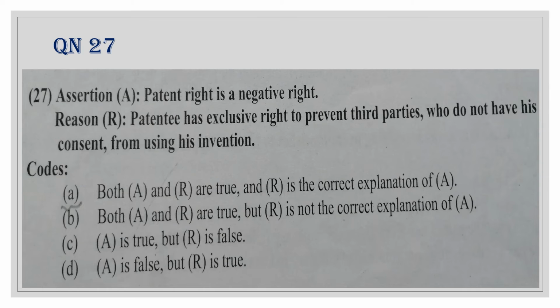And why patent right is called a negative right, the reason is also correct, because it prevents the third parties from using his invention without his consent. That's why the patent right is called a negative right. So we can say that both A and R are true, and R is the correct explanation of A. So option A is the correct option here. Fine.